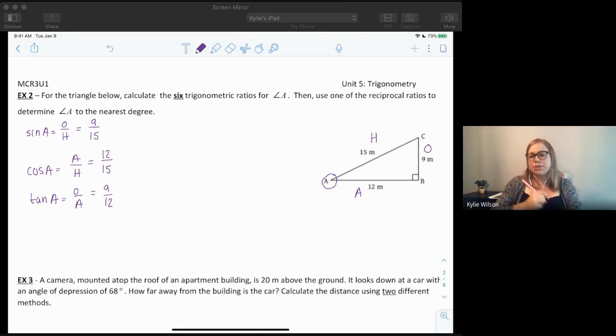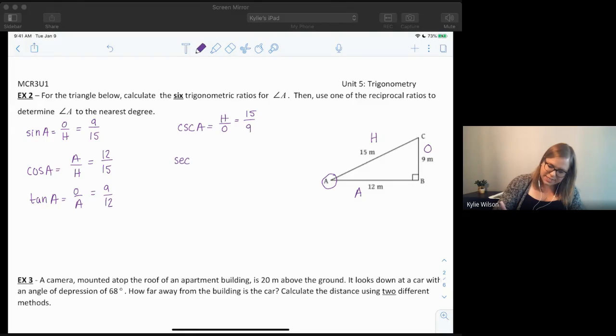Now we found our primary trigonometric ratios, but we also need to find our inverse ratios. So cosecant of A is going to equal the opposite of my sine. So take that fraction and we're just going to flip it. So now that will give me 15 over 9, like that.